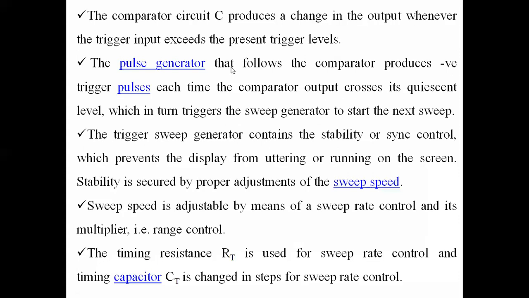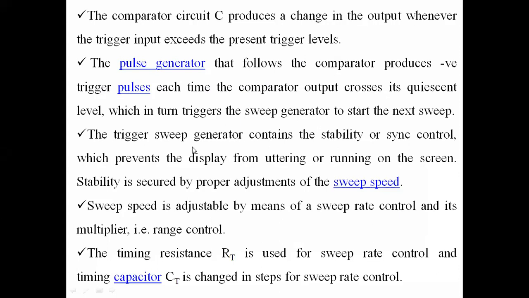That output voltage is connected to the pulse generator, and it produces a negative trigger pulse whenever it produces a positive voltage, which in turn triggers the sweep generator.